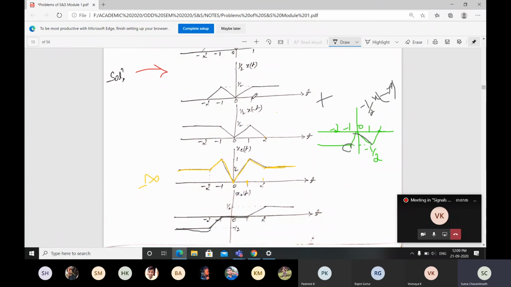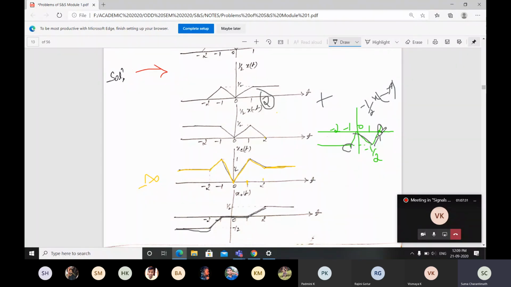Then from 1 to 2, here it's a rising edge. Okay, observe here it is a rising edge. Here it will be minus 1 by 2, here it will be positive 1 by 2. So what is it going to do? It's going to rise to 1 by 2 at the second position. Here it will be 0.